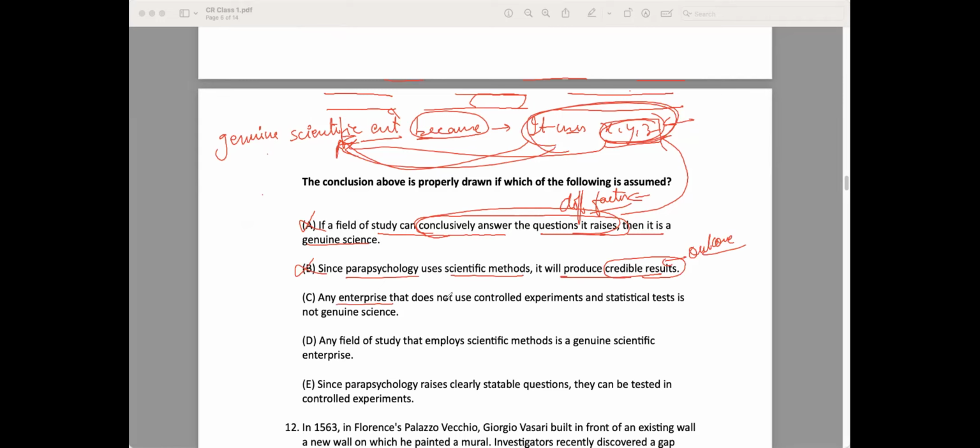Any enterprise that doesn't use controlled experiments and statistical tests is not genuine science. Now, if you compare option C and D, any field of study that employs scientific methods is a genuine scientific enterprise. Option C and D are like negated. Option C is the negation of option D, in the sense that something that doesn't use XYZ is not genuine science.